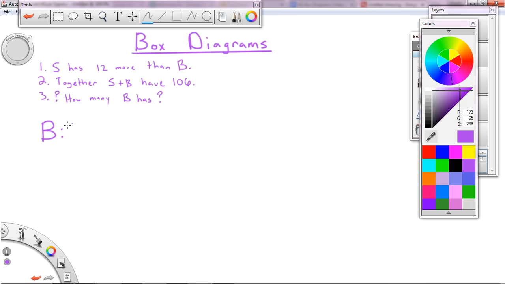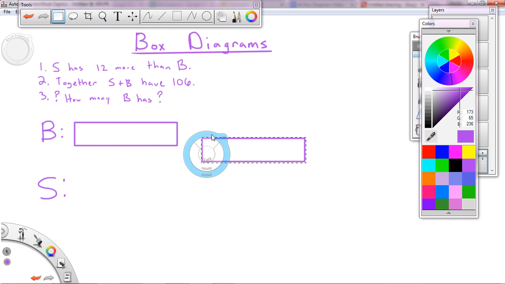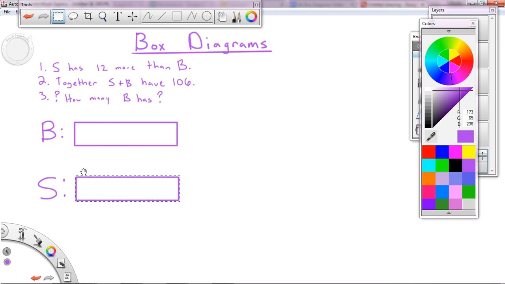Benny, we don't know how much he has, and this is where the box comes into play. Because we don't know how much he has, we're just going to draw a little box and say that this represents Benny's baseballs. That's all he has. Squints, however, not only does he have as much as Benny, so he has his own box, he also has a little bit more.